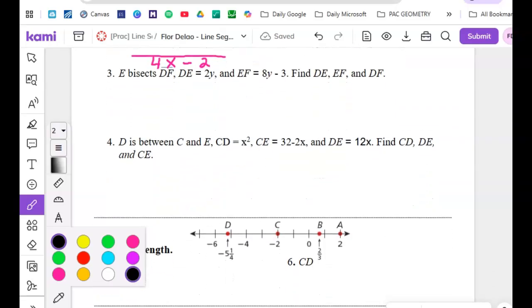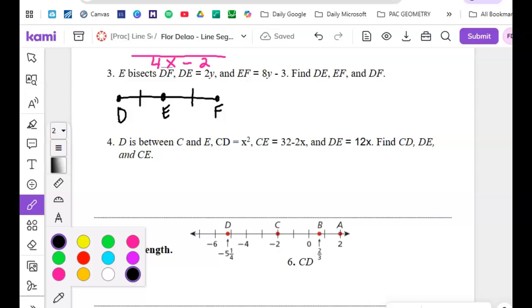Okay. Number 3. E bisects DF. If I see the word bisect, what does that mean? The 2 parts are equal.